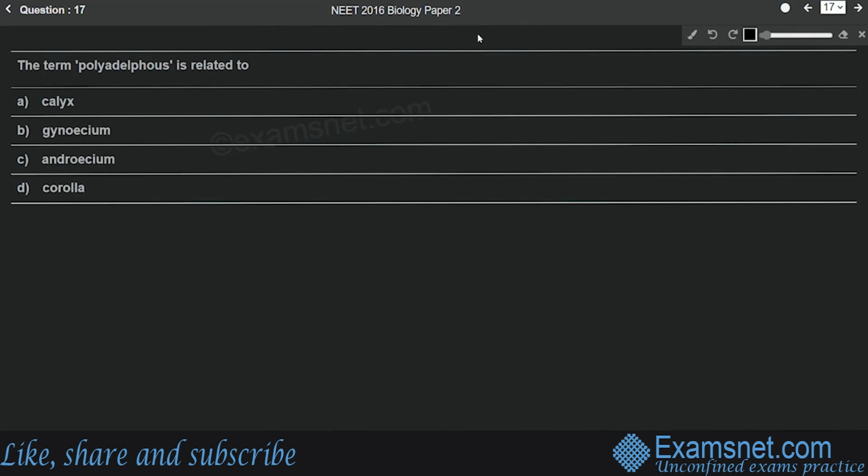Question number 17 is from the chapter Morphology of Flowering Plants, and the question is: the term polyadelphous is related to. The options are calyx, gynoecium, androecium and corolla. The term polyadelphous is made up of two words, poly and adelphous. Poly means many and adelphous is used for fused stamens.